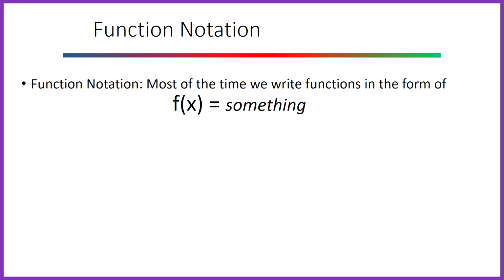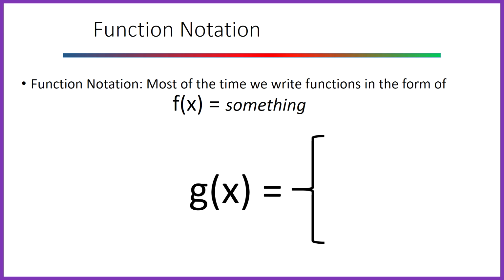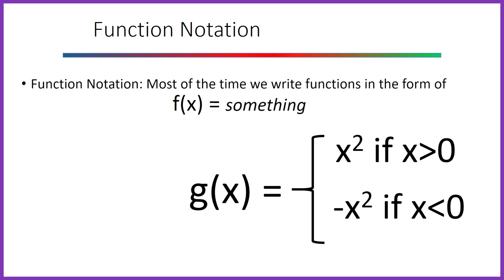For instance, let's say you wanted to extend that function backwards towards negative numbers, but when your value is negative, you actually want the negative of the value squared. You could write a function like this: g of x equals x squared if x is greater than 0, or negative x squared if x is less than 0.